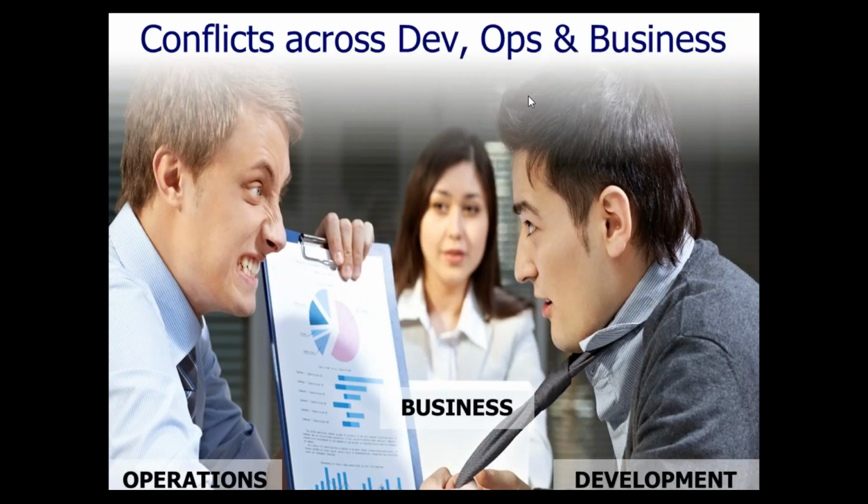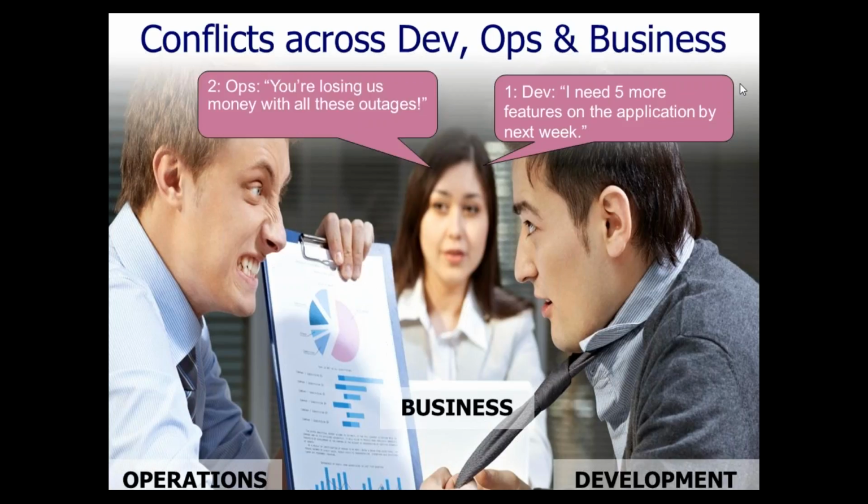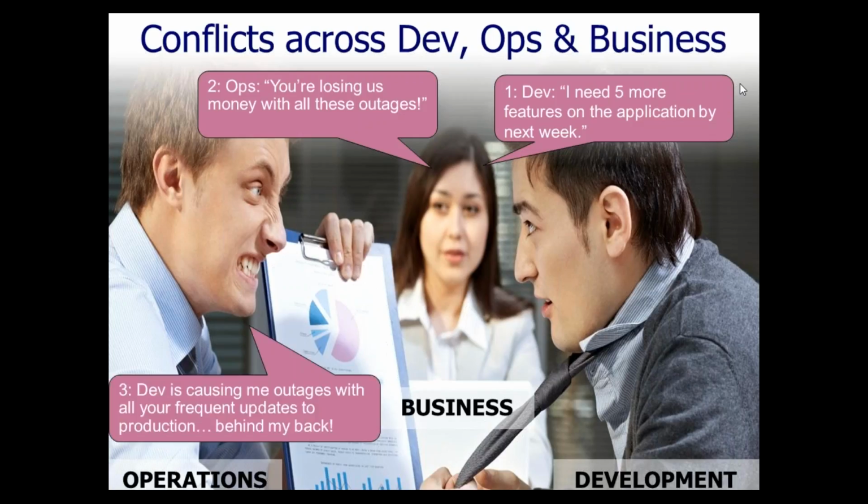If you look at the slide, you see three personalities. On your left, you have operations, then you have business in the middle, and then you have development on the right hand side. Business would require the development team to deliver new features. Business also has concerns with the operations team in terms of the money that is being spent on outages, to which operations would blame development and say dev is causing me outages with all these frequent updates to production behind my back, which means that these updates happen not in a very controlled manner.